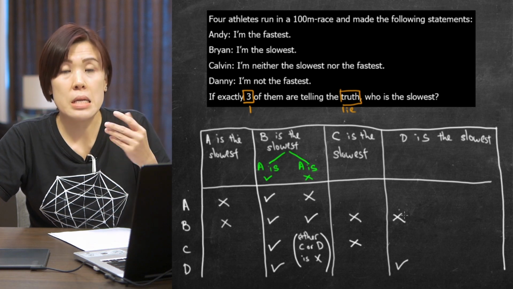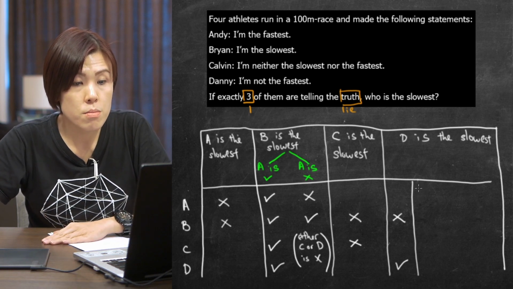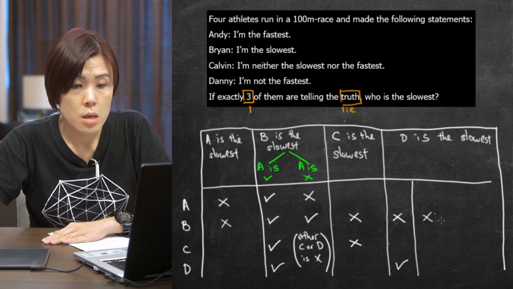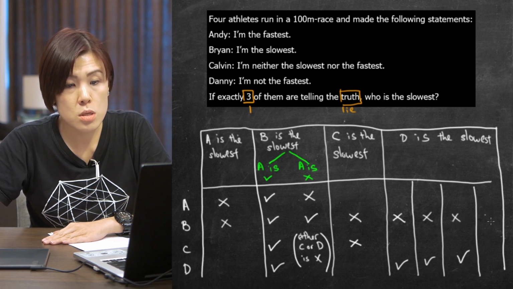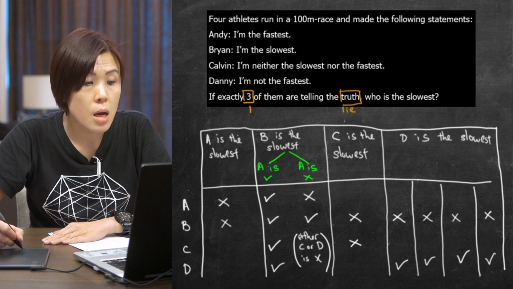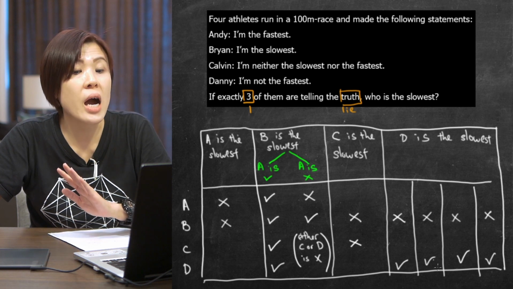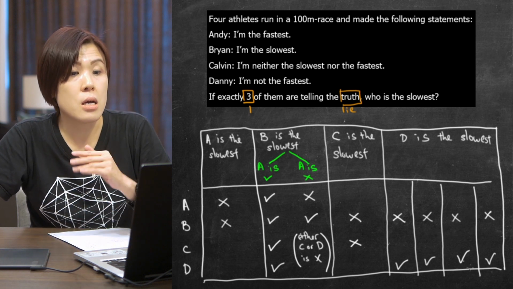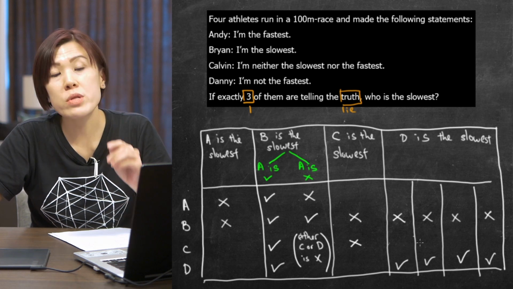So maybe I can list out all the 4 possibilities here. For statements made by Bryan and Danny, we are sure Bryan is lying and we are sure Danny is telling the truth. But Andy and Calvin, we are not sure. So there are 4 possibilities.